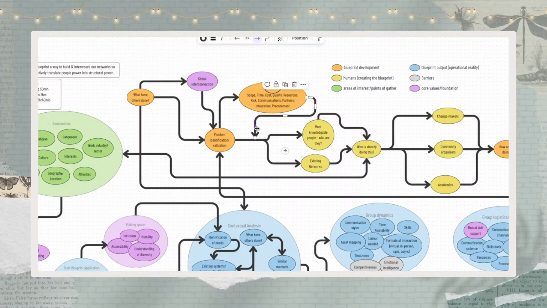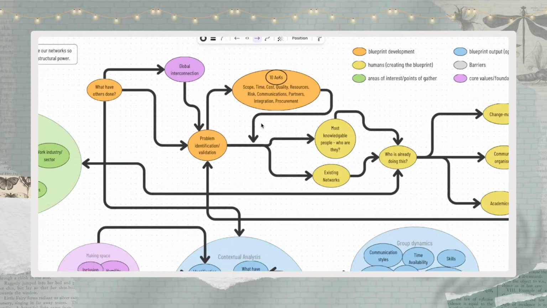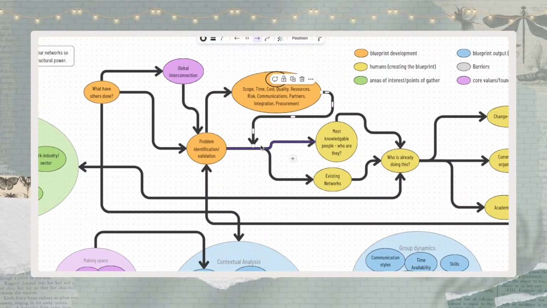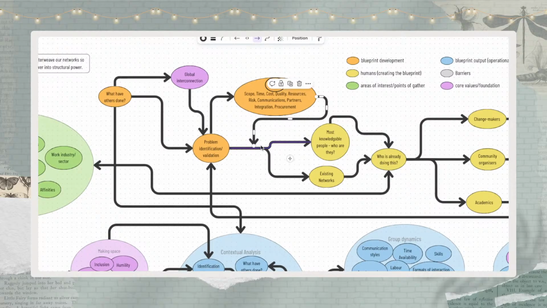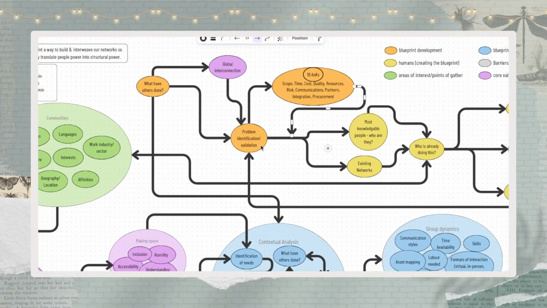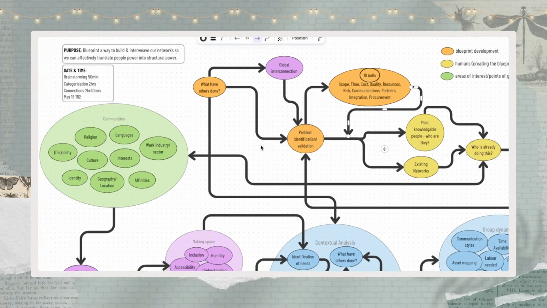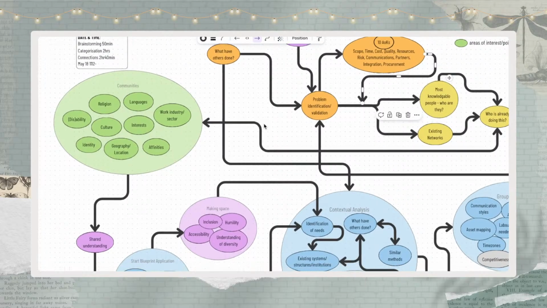I think this arrow in particular from the AOKs has been bothering me because it feeds into nothingness. No, just move that to the blue, to the Start Blueprint application, because that will be the planning for your output.